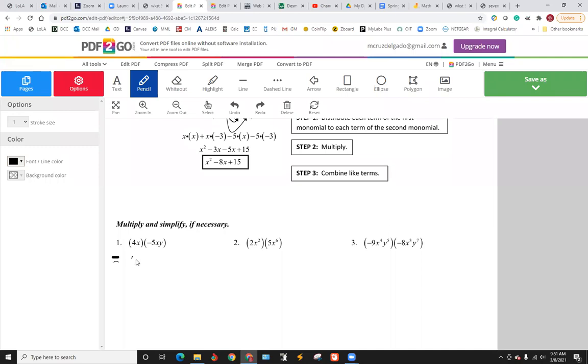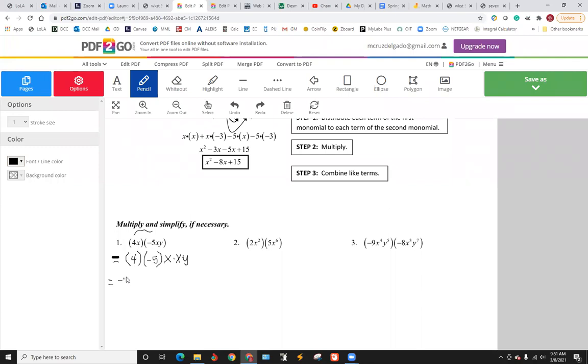All right. I'm just going to show you some extra steps. If you don't need to do this, this is fine. That's what you're doing with the numbers. And then you got an x times an x. And then there's no y term in the first one, so that y is just going to come along for the ride.